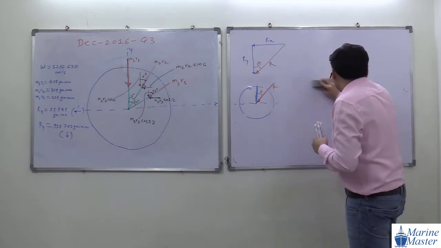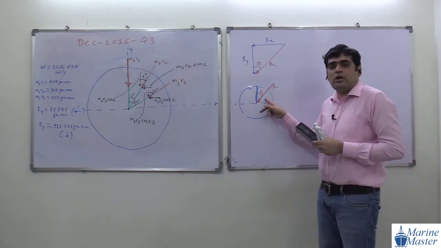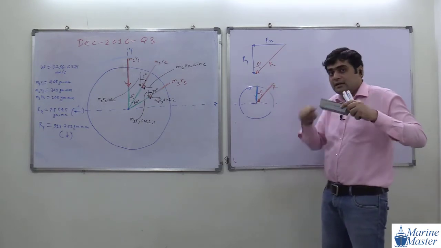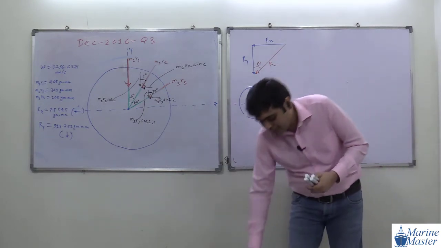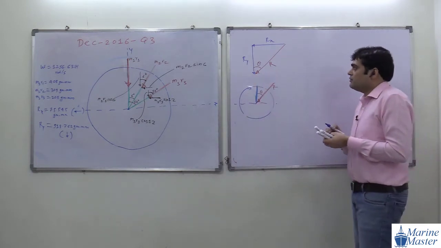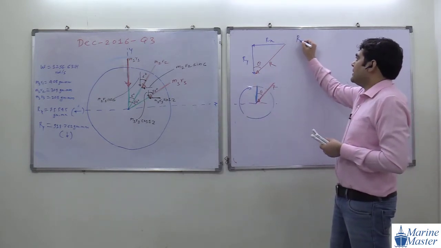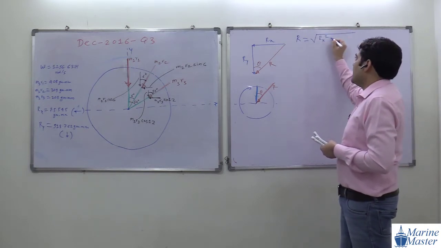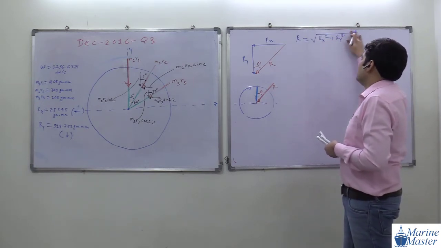For your reference, draw this drawing also. This drawing will give you clarity on why we are taking the angle like this. So what will be our R? By Pythagoras theorem, R is equal to under root of Rx square plus Ry square.